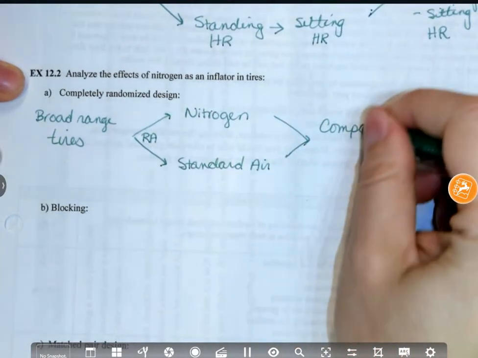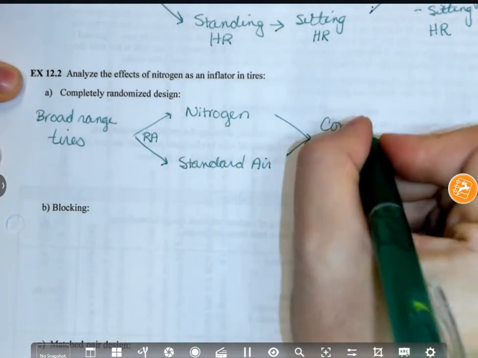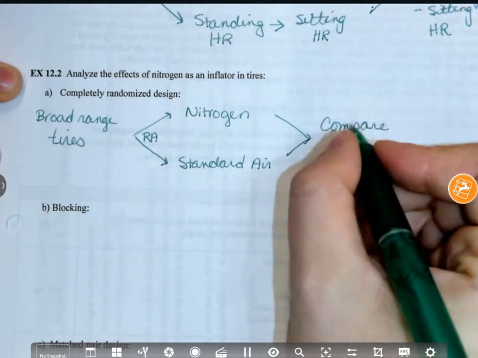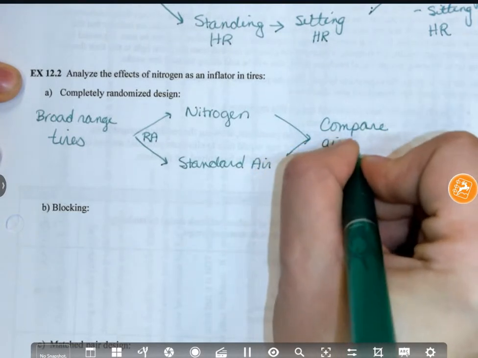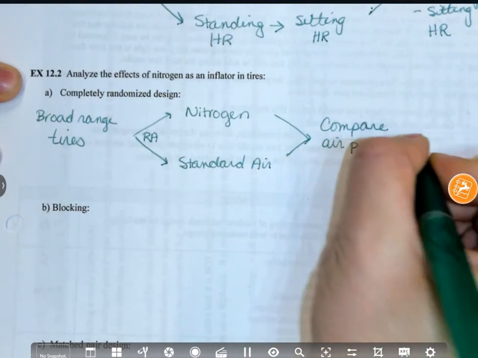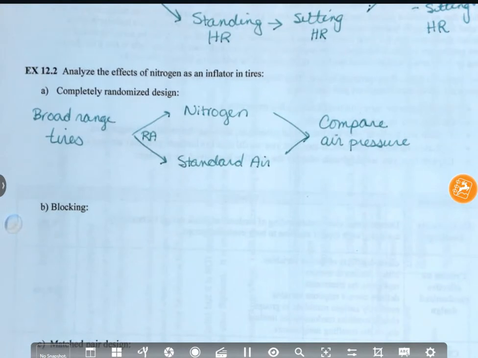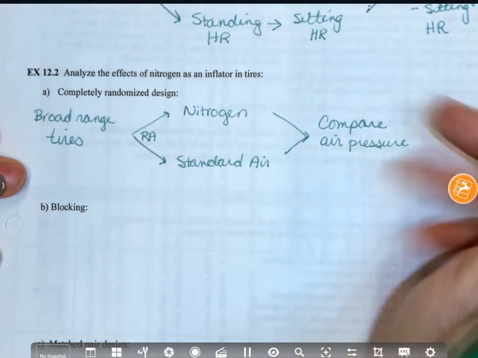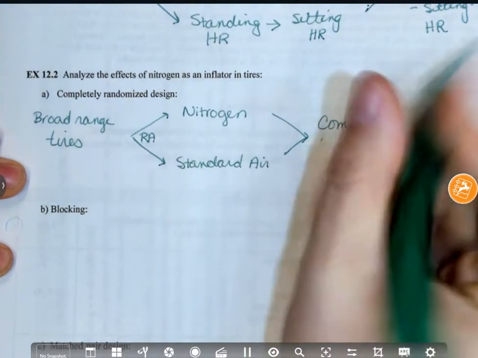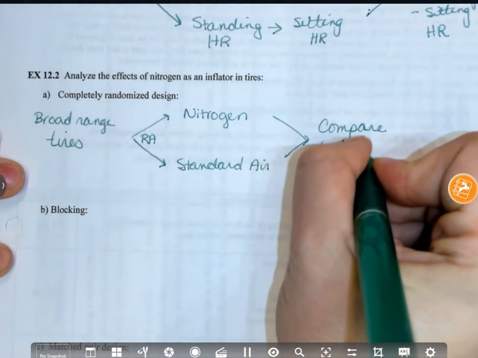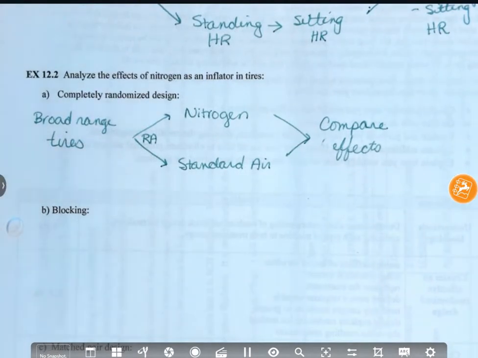For crying out loud. My goodness. Now I'm just doing it on purpose, I think. My brain is doing it on purpose. Compare air pressure, however you want to do that. Or compare effects then. Comparing the effects.